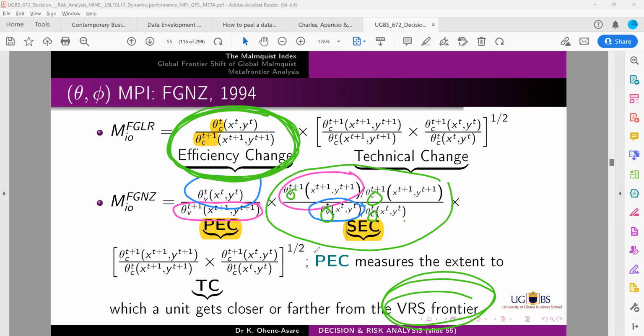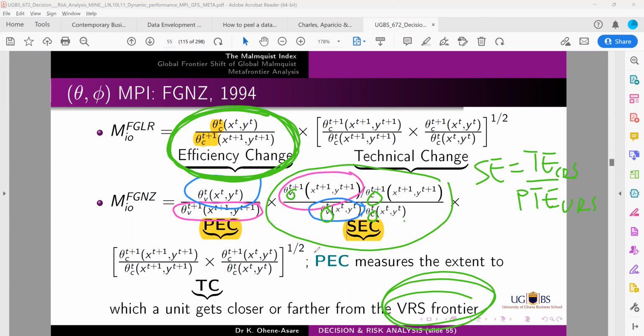In fact, if you can remember, scale efficiency itself was defined as what? Technical efficiency divided by pure technical efficiency. Just remember that. And so technical efficiency is the efficiency estimated under CRS. And the pure technical efficiency is the one estimated under VRS. And so the scale efficiency is looking at that.